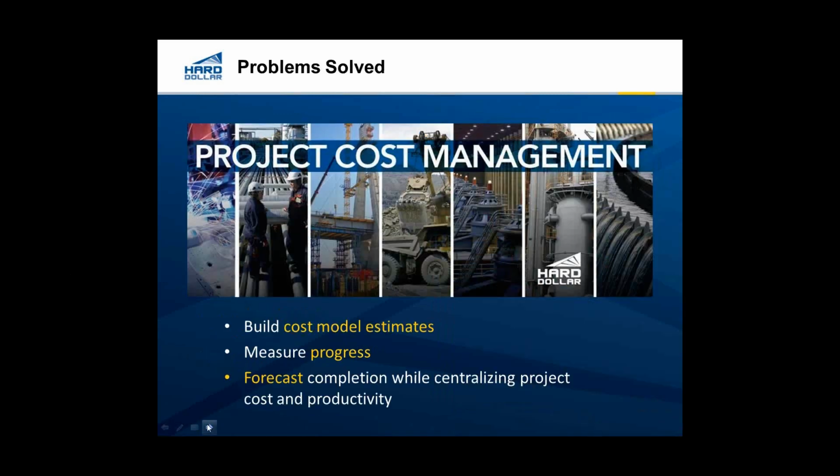We wind up, in terms of our breadth and in terms of product, doing three things. In our world, we do cost model estimates. We help people build those cost model estimates from the ground up or top down, from feasibility studies, pre-FEED, all the way through the detail estimate. We also help people measure progress. That's the real prime advantage we have. Since we put all that detail into the estimate, we do a pretty nice job of measuring progress at any level against that estimate.